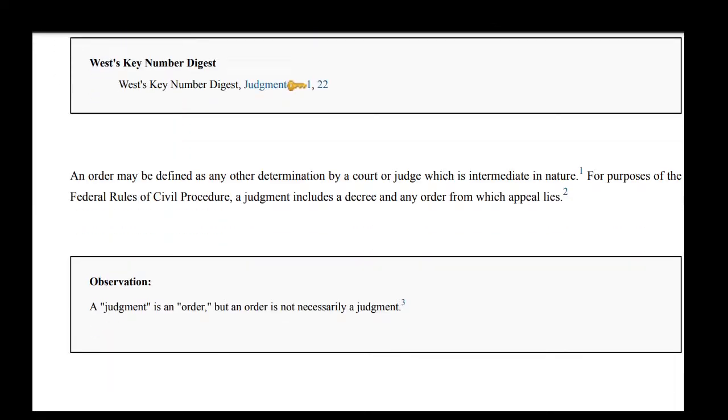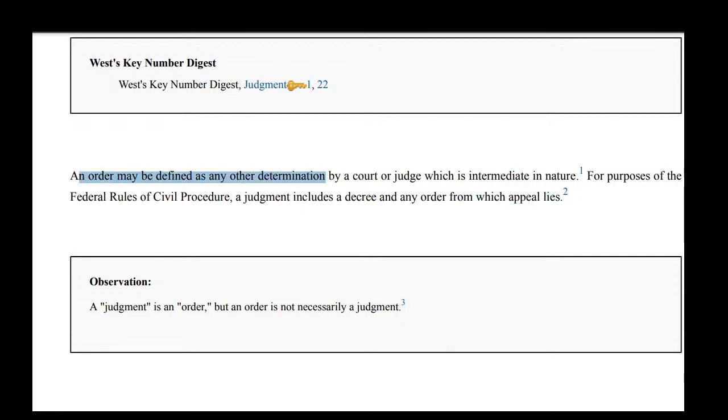Someone just asked me about orders. An order may be defined as any other determination by a court or judge which is intermediate in nature. So this is in between. For purposes of the federal rules of civil procedure, a judgment includes a decree and any order from which appeal lies.